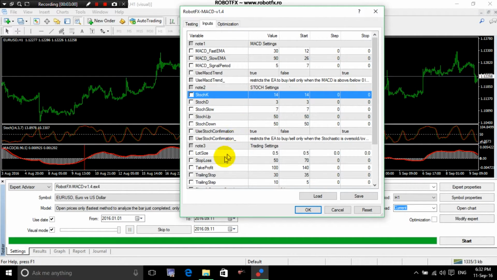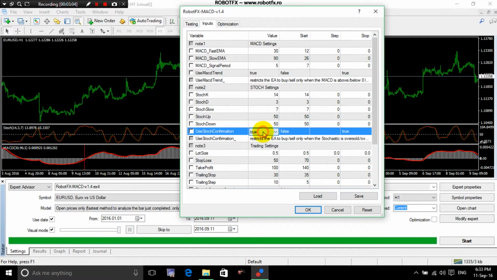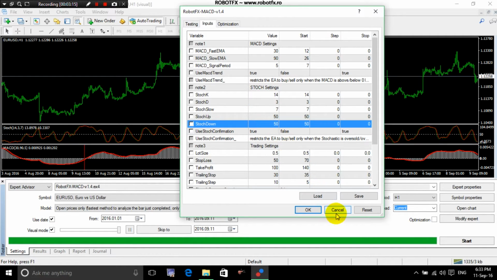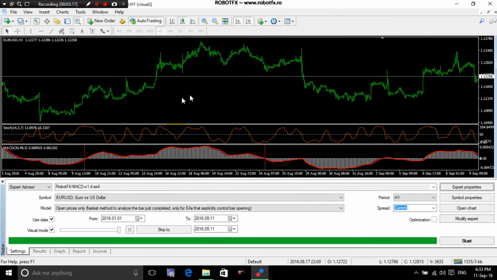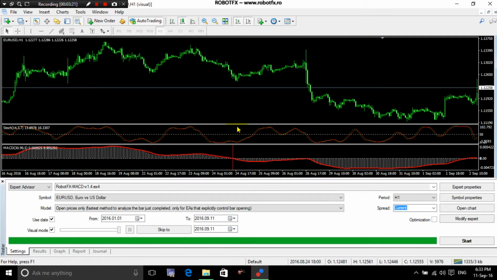If you choose to use the stochastic as a confirmation, you have to set this to true, and this means that the Expert Advisor, besides the MACD settings above, will also consider buying or selling only when the stochastic is overbought or oversold, and the stochastic lines, main and signal, have intersected already.